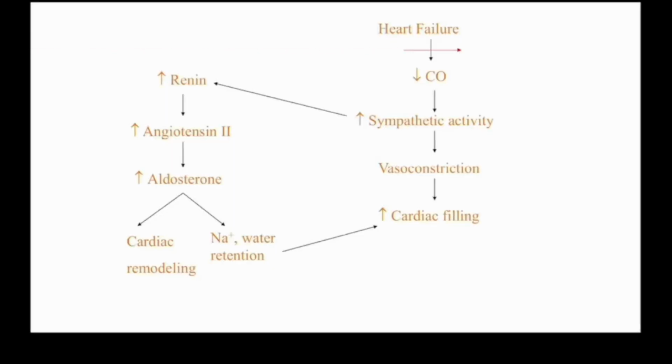So what we can do when heart failure occurs: the cardiac contraction can be facilitated by giving inotropic agents. The sympathetic activity can be blocked by beta blockers, which will also inhibit the renin activation.